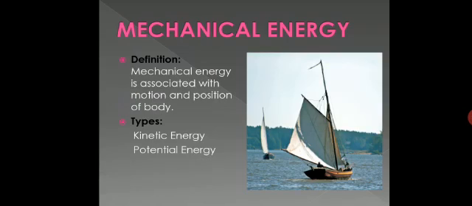First is kinetic energy and the second is potential energy. Kinetic energy, the energy possessed by a body due to its motion, is called its kinetic energy. Potential energy, the energy possessed by a body due to its position, is known as potential energy.